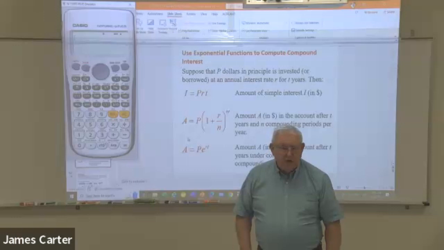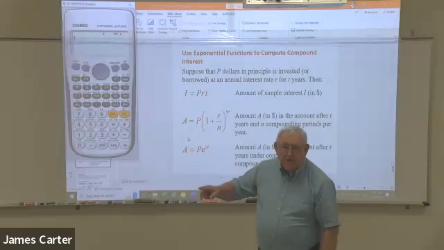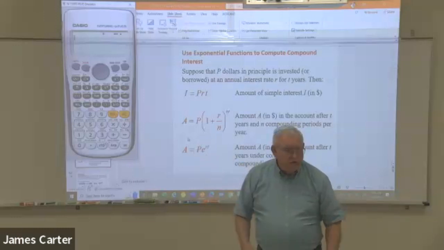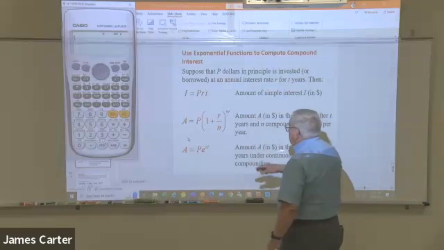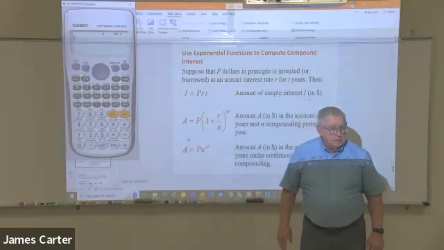Guess what? On that question, if you choose the wrong of those two formulas, the most points you can get is 1. Or if you choose the right one, of course, you can possibly get a 4 if you do all the calculations correct. So you do need to memorize all 3 of these formulas.